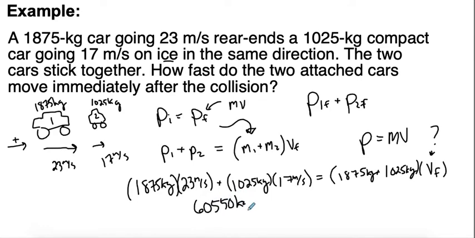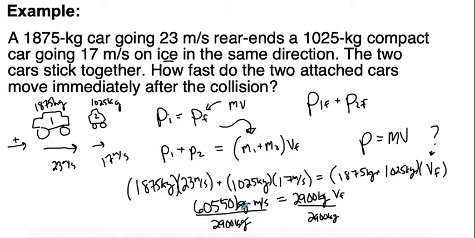60,550 kilograms times meters per second for our momentum on the left. So this is my initial momentum of the system. Okay? And then we have 2,900 kilograms, and we add those together, times final velocity. So we'll have to divide both sides by 2,900 kilograms. And you can see what's going to happen with the units here.